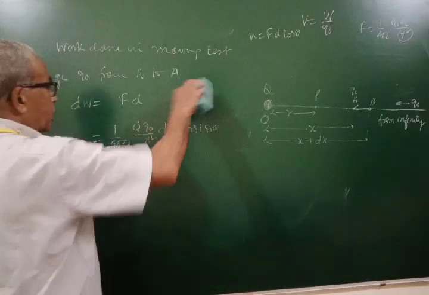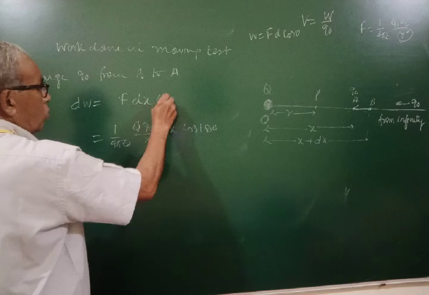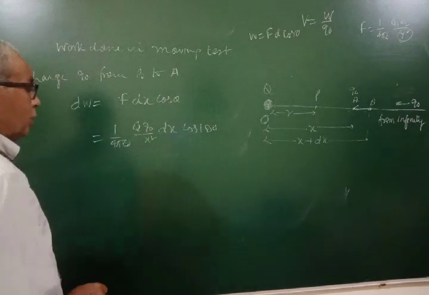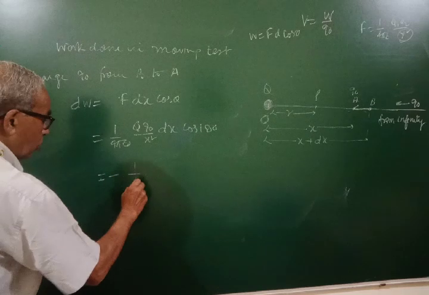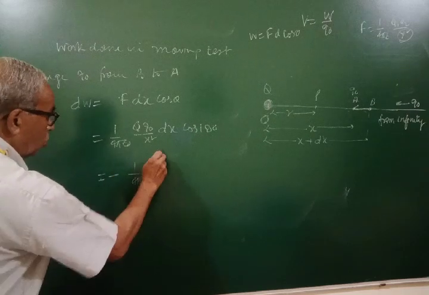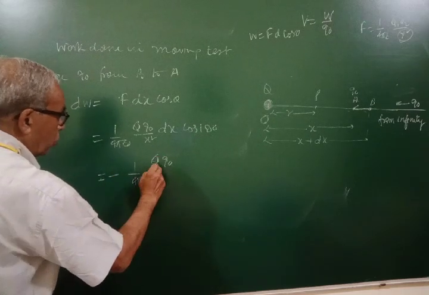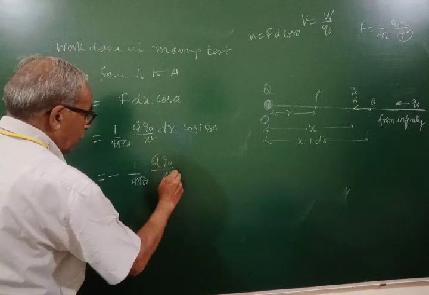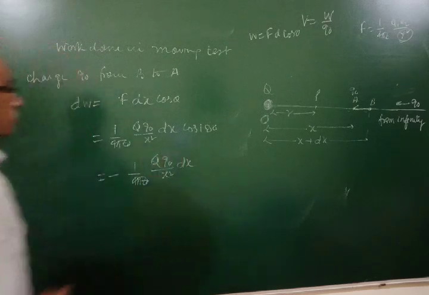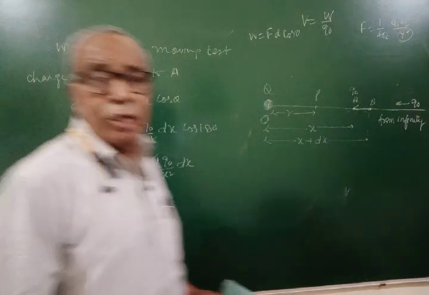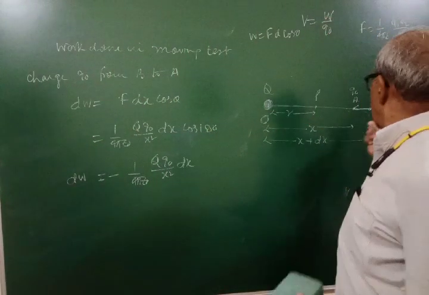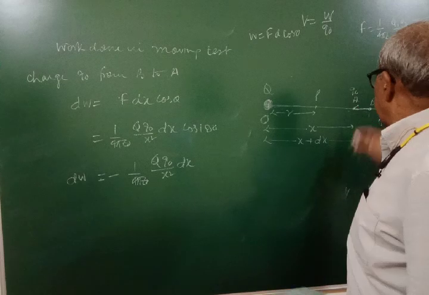Cos 180 is minus 1. So it is minus 1/4 pi epsilon 0 Q Q0 upon x square dx. This is the amount of work done in moving test charge Q0 from B to A.